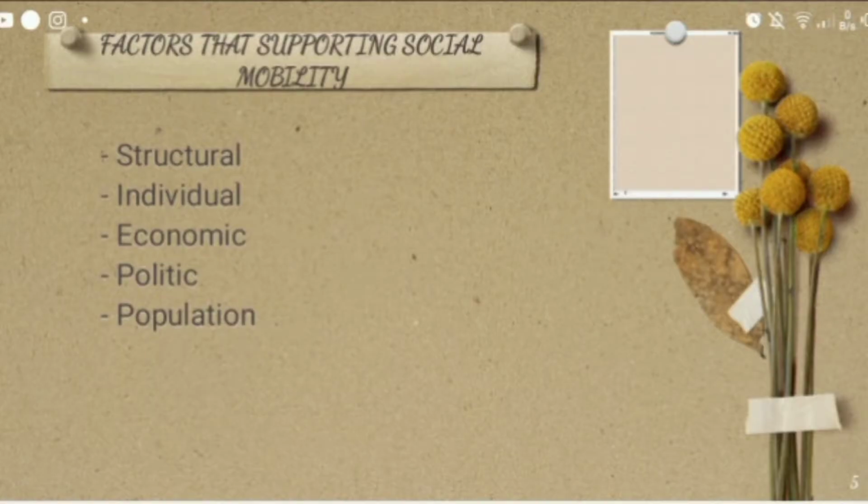There are two factors for social mobility: supporting and obstacle. The first is factors that support social mobility. There are five: structural, individual, economic, politic, and population. Structural. This factor is related to a person's opportunity to occupy a position and the ease of obtaining it.